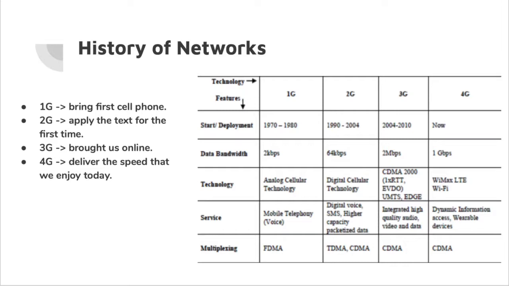After that, 3G came in 2004. This technology brought us internet because it supports the connection of the phone to the internet or to any other IP network to make video and voice calls and upload and download data. And its bandwidth was 2 megabytes per second.